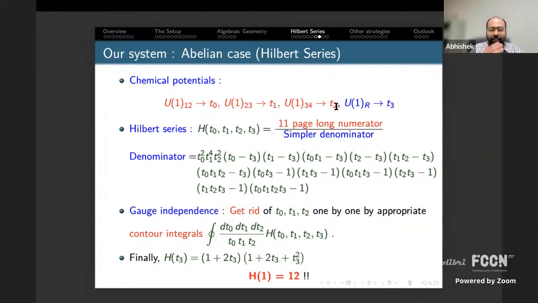You have to get rid of these T0, T1, T2 from the expressions for the Hilbert series, which you can do by a contour integral. Ultimately, for the abelian case, you will get the final result as H(T3), and putting T3 equal to 1, you will again get 12, which, of course, is the right answer.